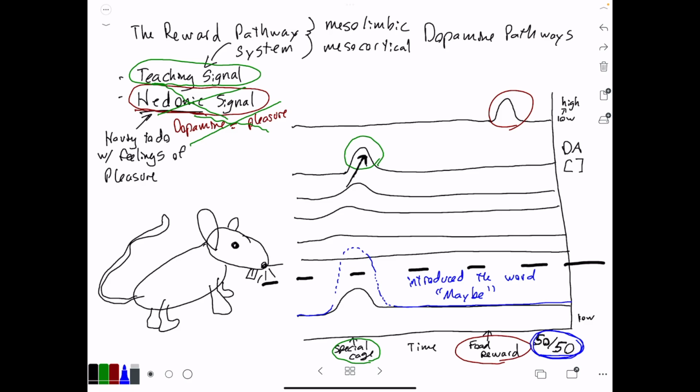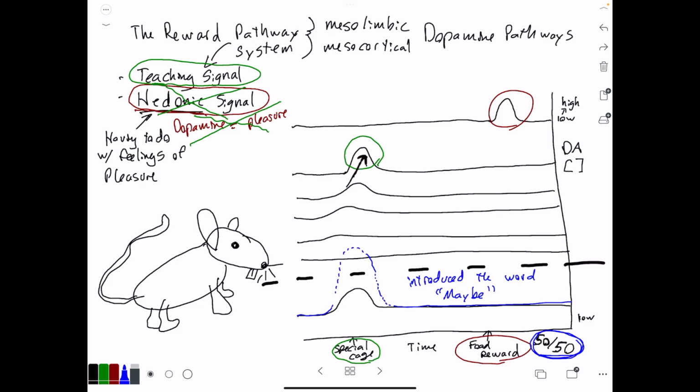And what dopamine does is it increases the desire, the craving, as well as the memory of the behaviors associated with finding that reward. And so when it's only 50-50, your brain sends a more intense signal because you haven't figured it out yet. There's still more work to be done to increase the probability of finding the food reward more frequently, as close to 100% of the time as you can.